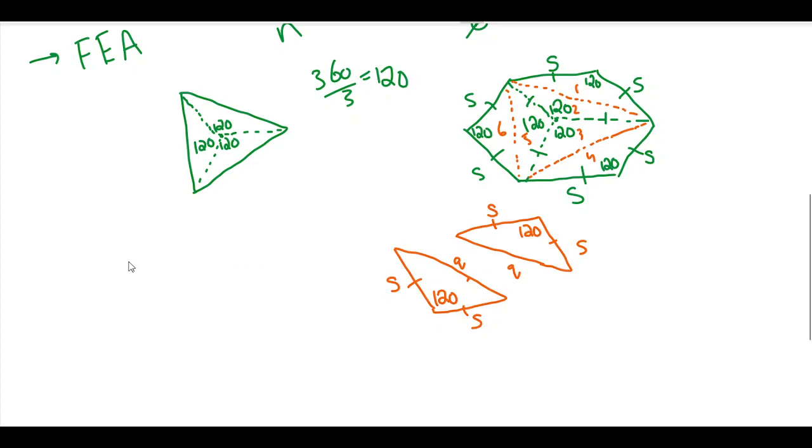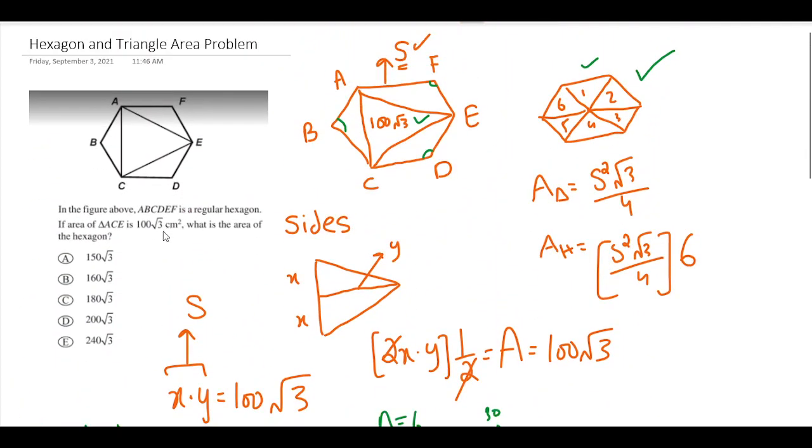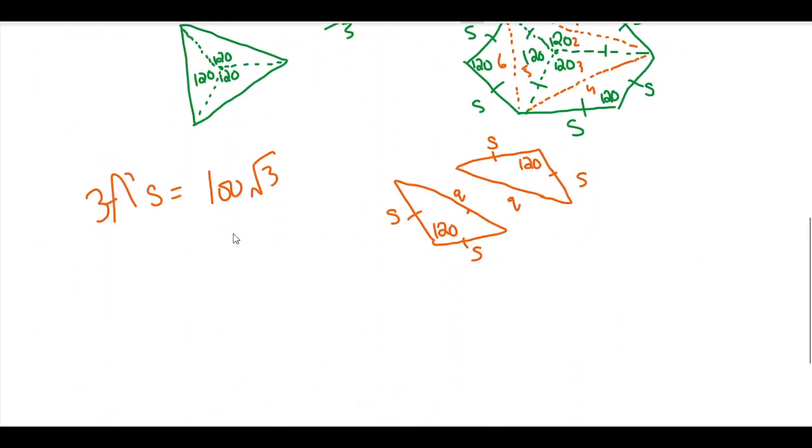When we are combining 3 triangles, their area is 100 under root 3. Let me just confirm, let me go back up. Yeah. So what is going to be the area for just one triangle? Well, that's just going to be 100 over 3 under root 3.